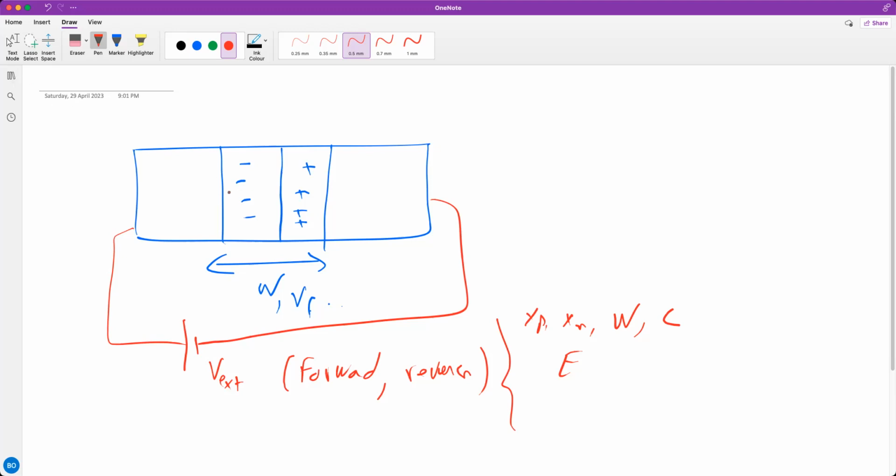No, the quiz will not cover what we have seen today. It will cover the PN junction. It will cover the built-in junction because we have seen it before, but it will not cover the width, the XP, XN, electric field.